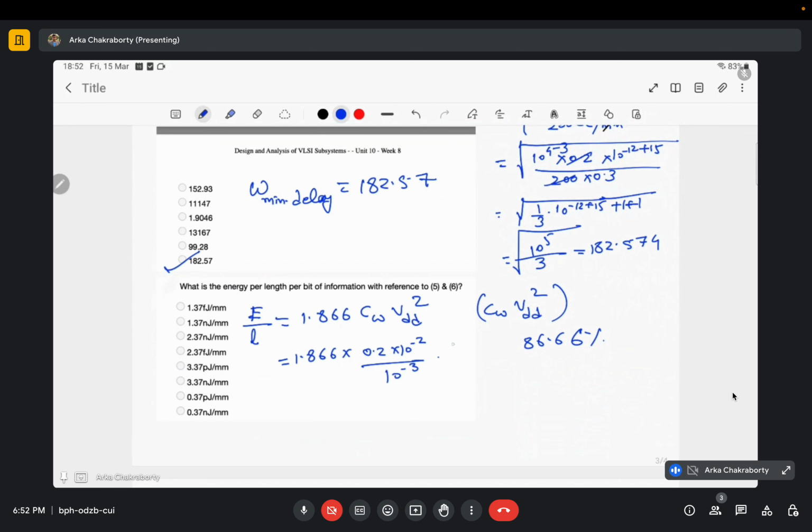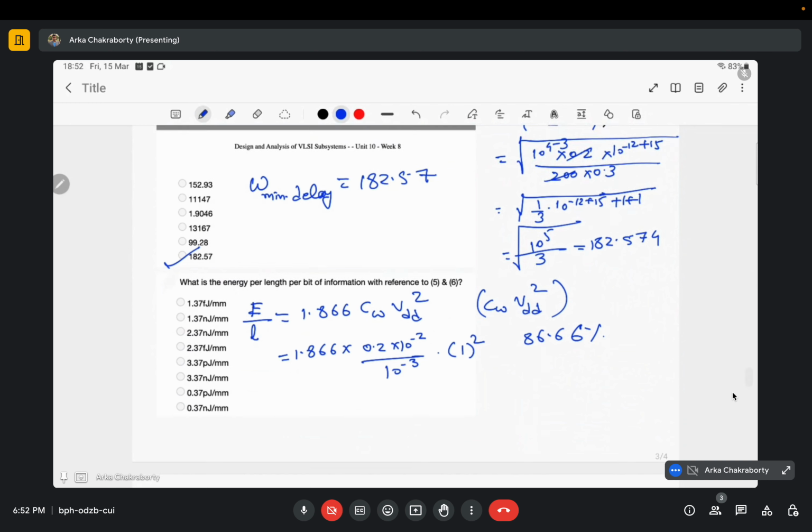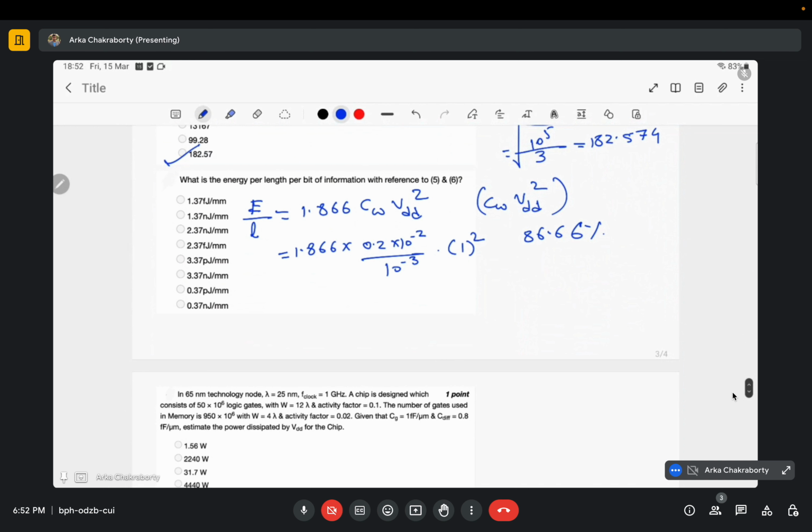For 65 nanometer technology, we know VDD is how much? It's 1 volt. Correct? So let me check how much the answer is coming. The answer is 0.866 into 0.2 into 10 to the power minus 2 divided by 10 to the power minus 3.